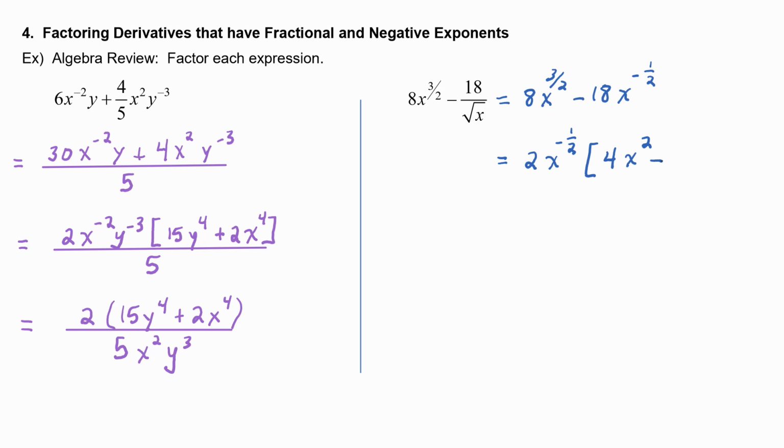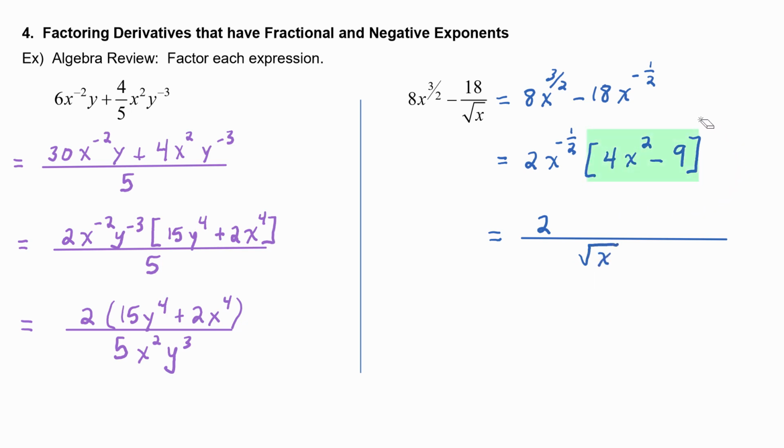Minus, here, when we divide 18x to the negative 1/2 by 2x to the negative 1/2, we get 9. Simplifying, of course, this 2 stays in the numerator. This x to the negative 1/2 goes to the denominator, and you can either write it as x to the positive 1/2, or you can write it as radical x.